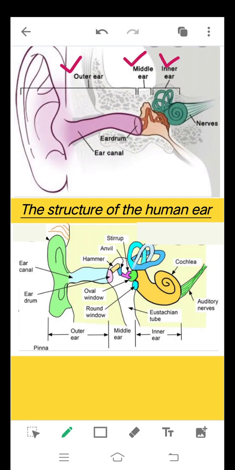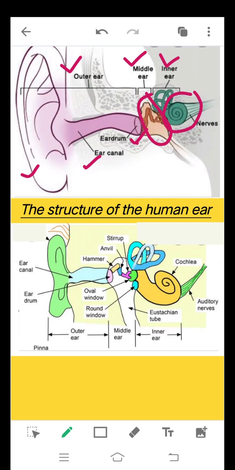The outer ear consists of the ear pinna, the ear canal and the eardrum. The middle ear consists of three bones, and the inner ear has a coiled structure called the cochlea and the auditory nerves.